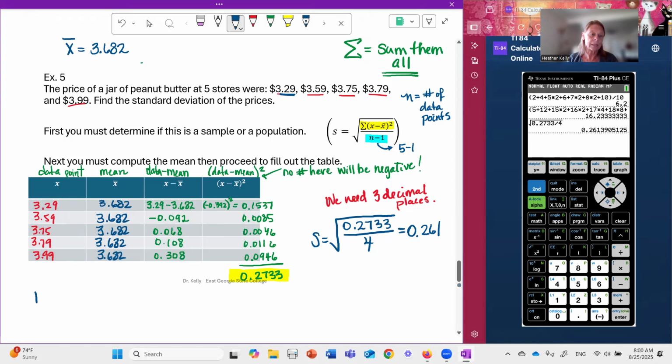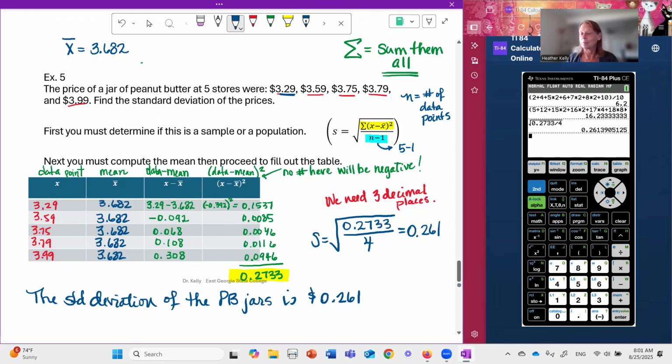So we can say the standard deviation of the peanut butter jars is 26 cents in a thousandth?